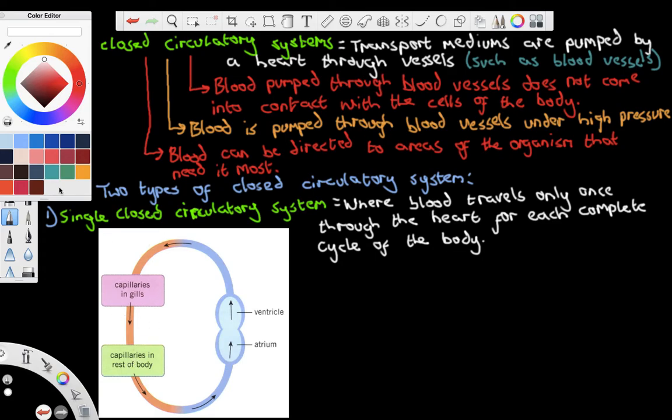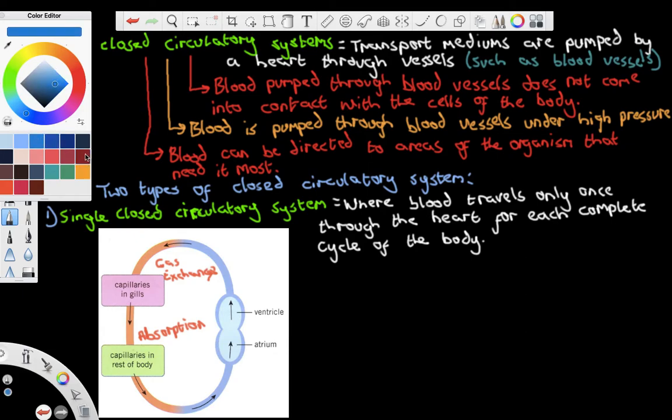So in the gills you would get gas exchange, but in the rest of the body you will get absorption in the small intestine. Okay? And then this blood that picks up these gases and it picks up nutrients from the food, delivers it to other cells as it is pumped round. So it literally goes in a single loop.